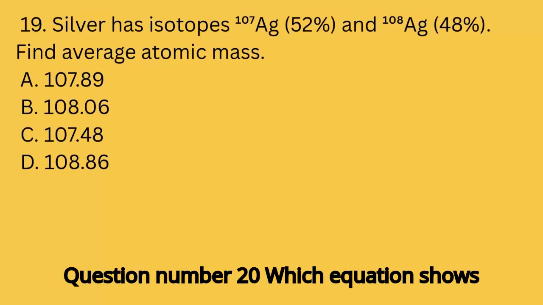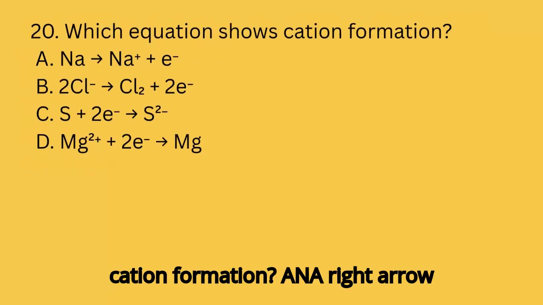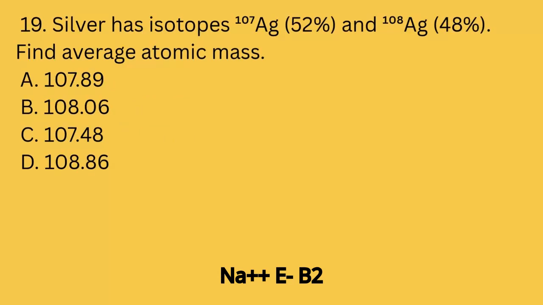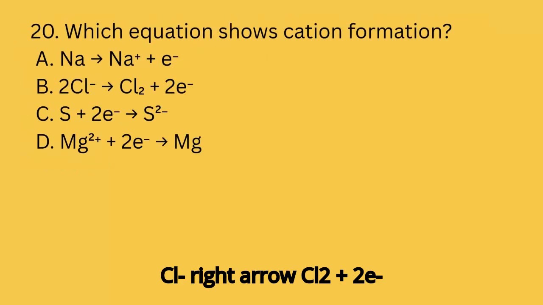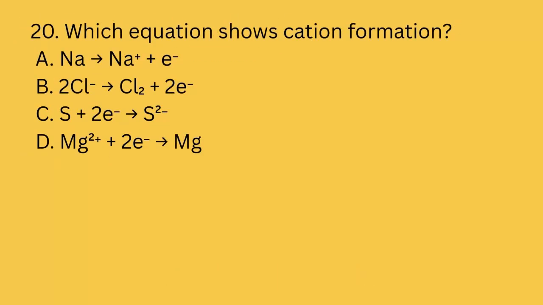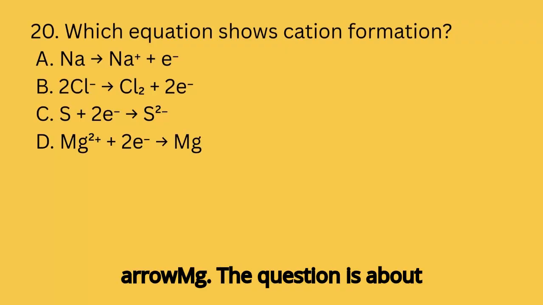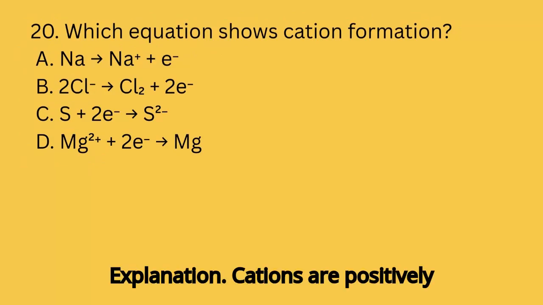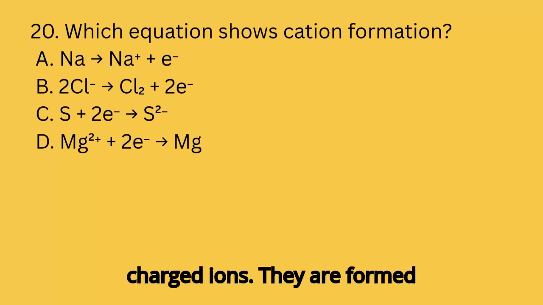Question number 20. Which equation shows cation formation? A. Na → Na⁺ + e⁻. B. 2Cl⁻ → Cl2 + 2e⁻. C. S + 2e⁻ → S²⁻. D. Mg²⁺ + 2e⁻ → Mg. The question is about formation of a cation. Explanation: Cations are positively charged ions.